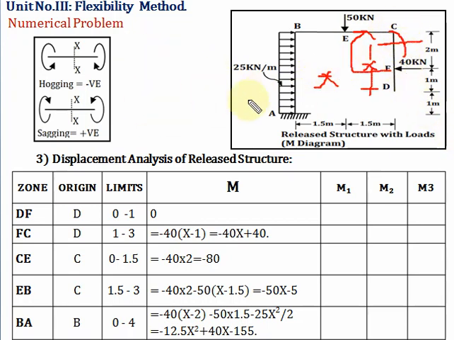So here it is minus. The intensity of force is 40, and we have to find this much distance. This distance will be X minus 1. So the bending moment in zone FC is minus 40 into X minus 1. By solving this, we will get this equation.